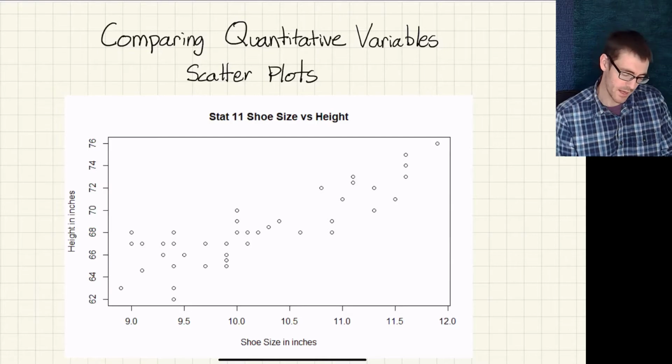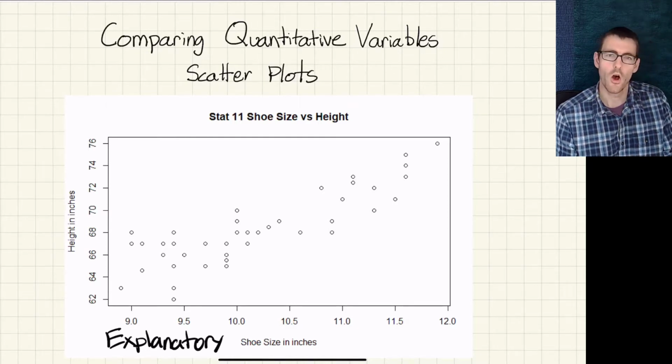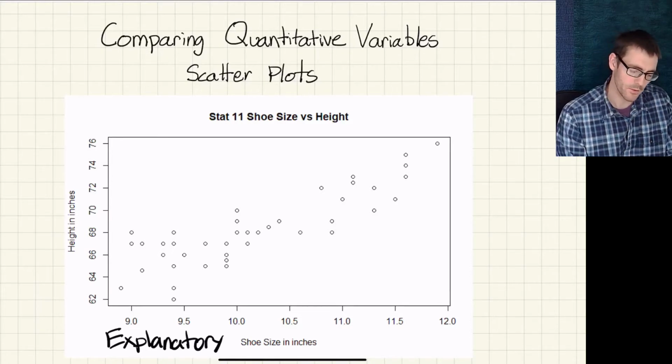So we typically decide to put what we call the explanatory variable along the x-axis and the response variable along the y-axis.